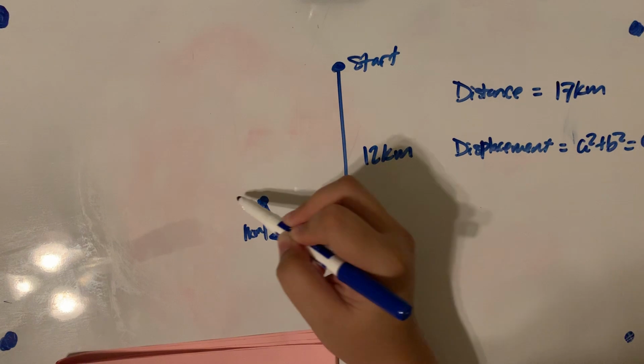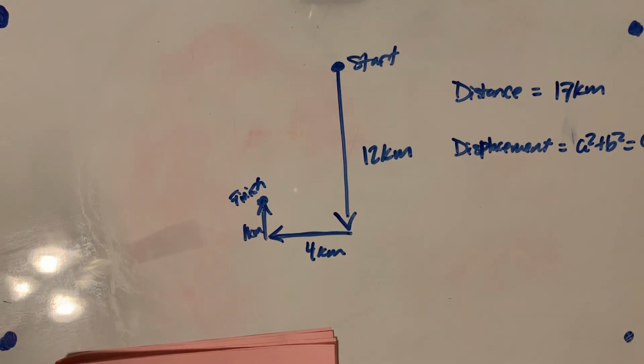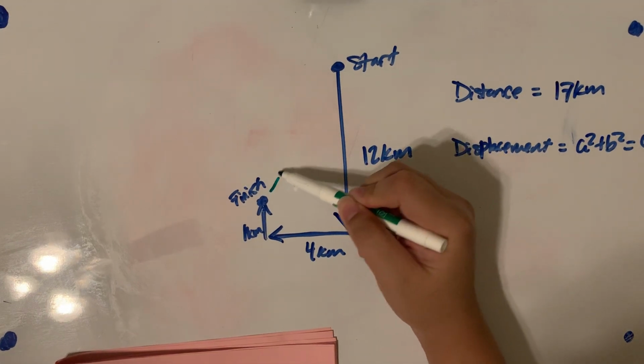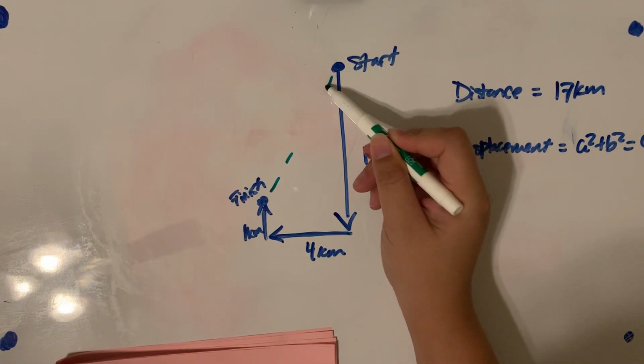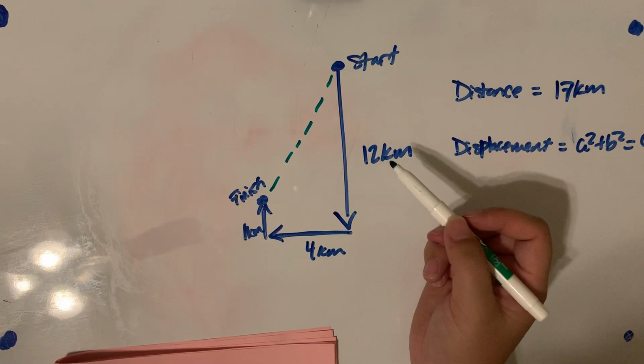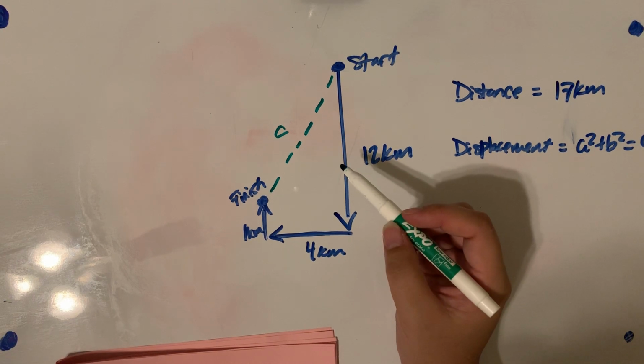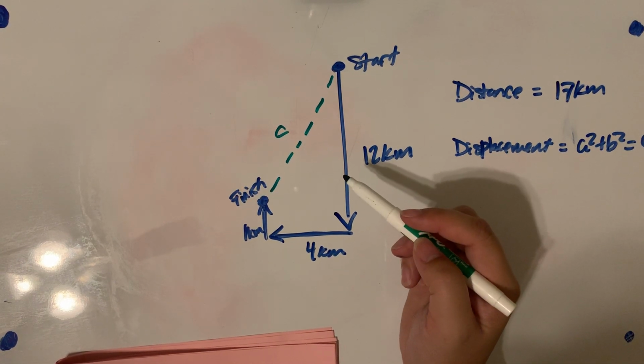Here's your finish. Now, I'm trying to get this distance here. My displacement, start to finish. The shortest route. You notice you already have your C. You drew that.